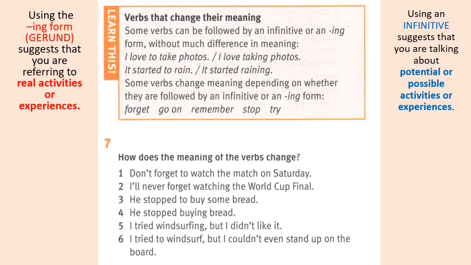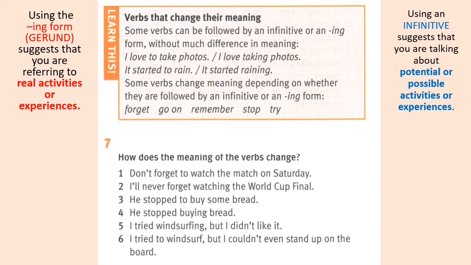and in the third sentence, he stopped to buy some bread. Also applies the same principle, so we use the infinitive form to talk about potential or possible activities or experiences.